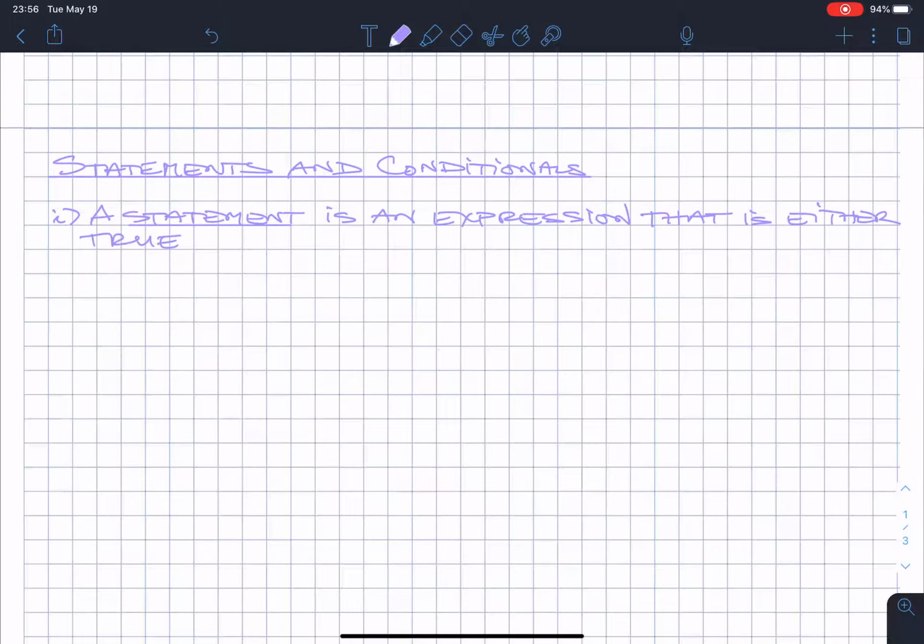And how did we annotate true? With a capital T. Or false, how did we annotate false? With a capital F. So either true T or false F.